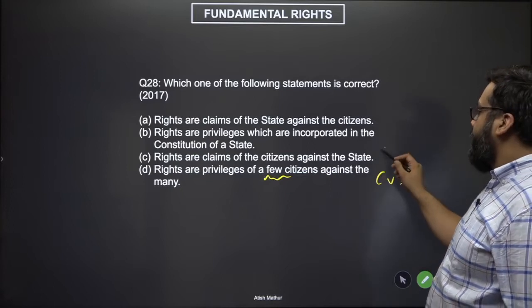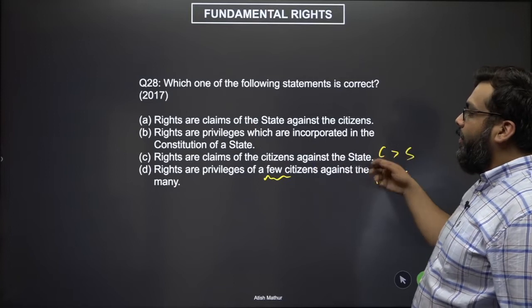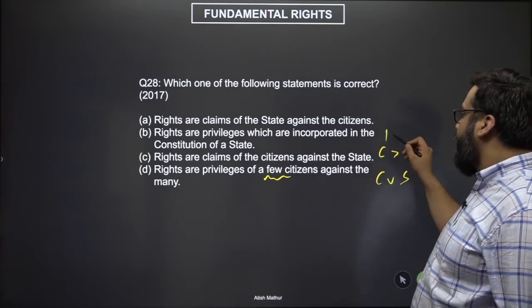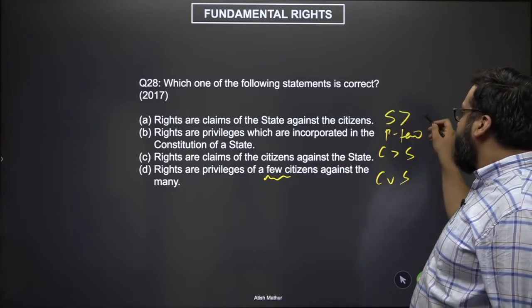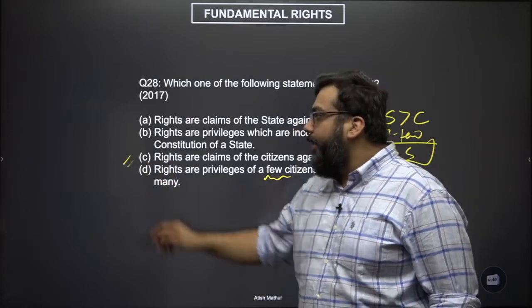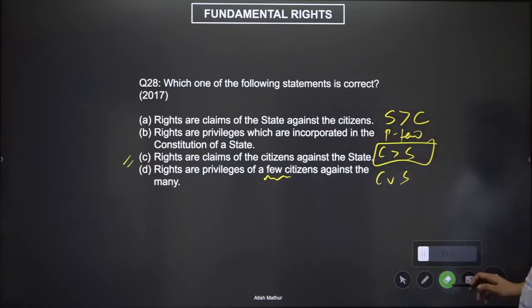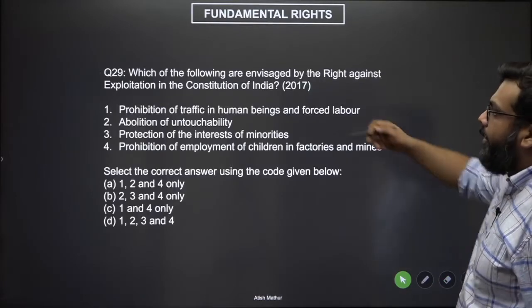Here it is about the citizen being stronger than the state. Here it is privileges which are in the constitution of the state. Privileges are always for a few people. Rights are claims of the state against the citizens? Citizens are always greater than the state. They are the claims of the citizens against the state. Questions like these should not take you more than 30 seconds.